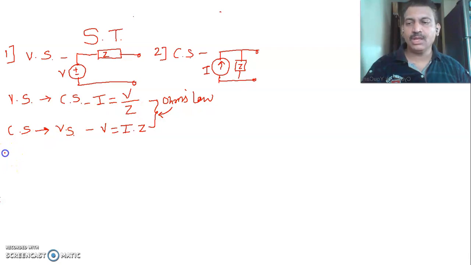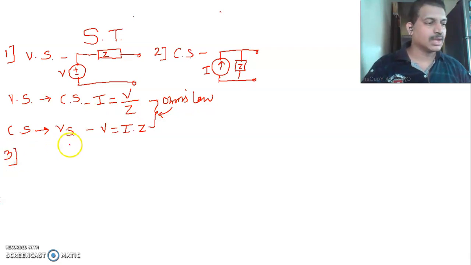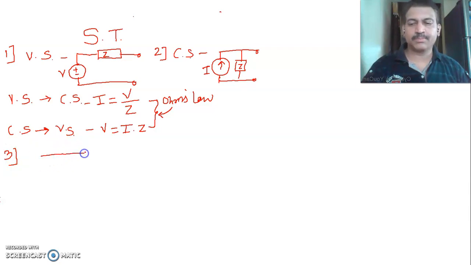Now consider the third circuit. Suppose there are two voltage sources with impedances: Z1 with voltage value V1, and Z2 with voltage source V2.